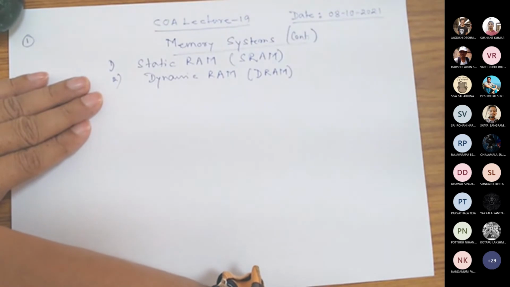Now transistors are used for switching. Resistors are used for voltage drops. Capacitors are used for holding the charge temporarily.